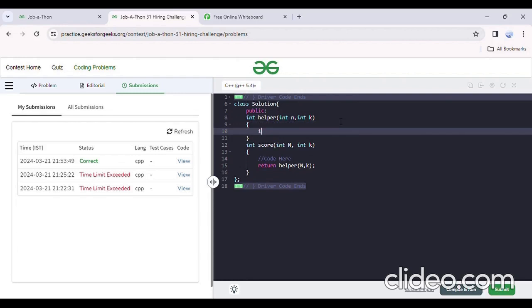If n is equal to 0, I am just returning 0. Now I am running the loop.